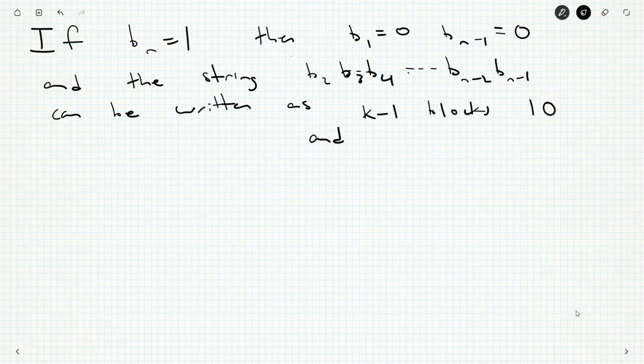So, k minus 1 blocks of 1, 0. And then what have I got left? It's n minus 2 of them, minus 2 times k minus 1 blocks of just 0. Right?